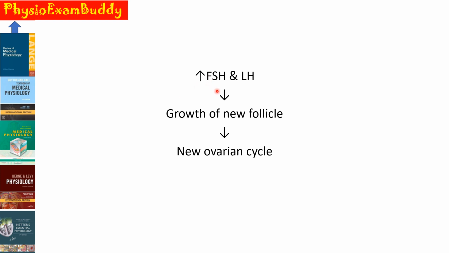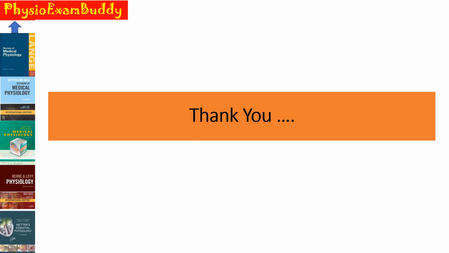This increase in the FSH and LH secretion, because of the removal of the negative feedback effect, will result in the growth of the new cycle and the new ovarian cycle to start. And the same cyclical changes, starting from the follicular phase, ovulation and luteal phase, again continue.